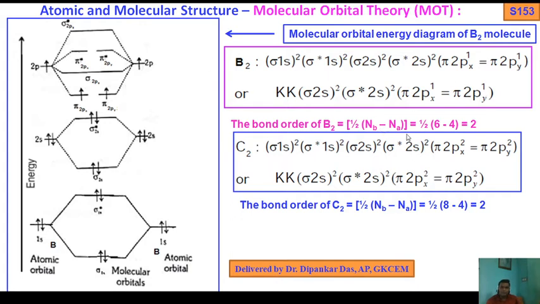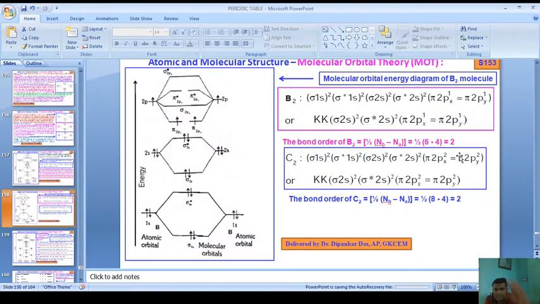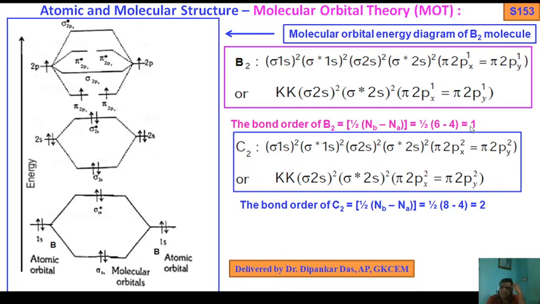So bond order will be 6 minus 4, that is 2, 2 by 2, that is 1. It was written as 2 by mistake. It should be 1.